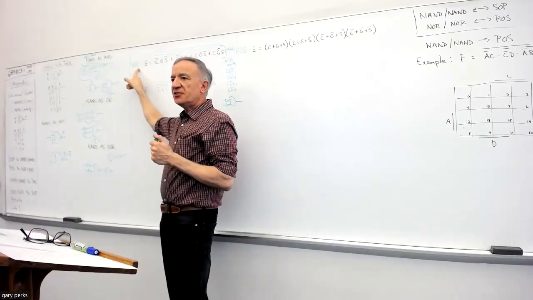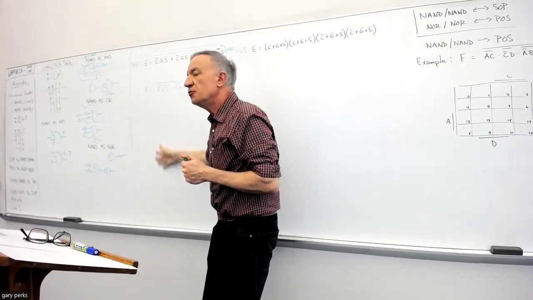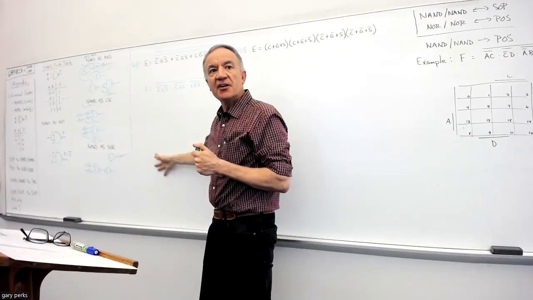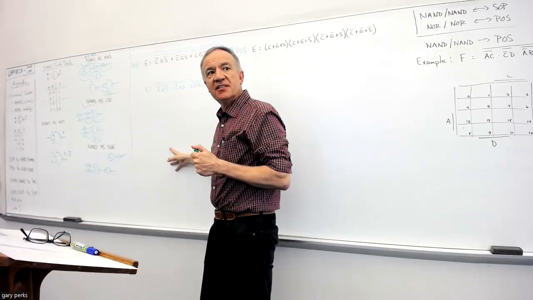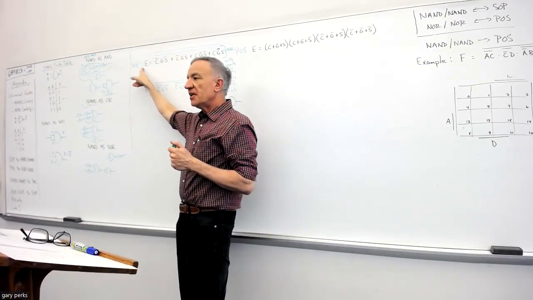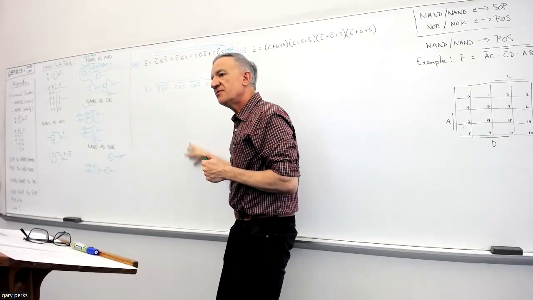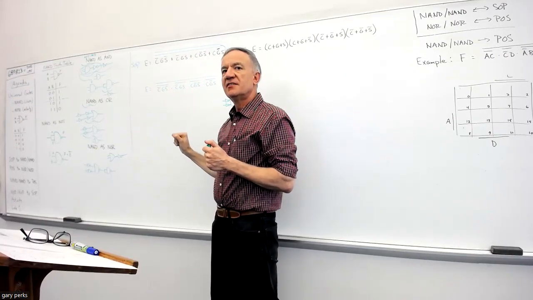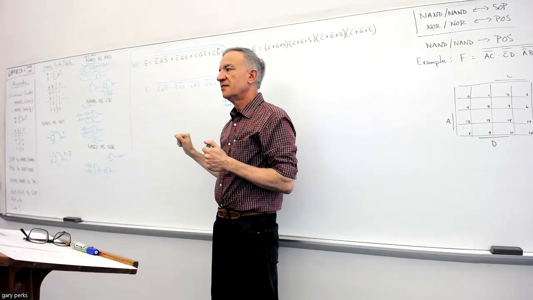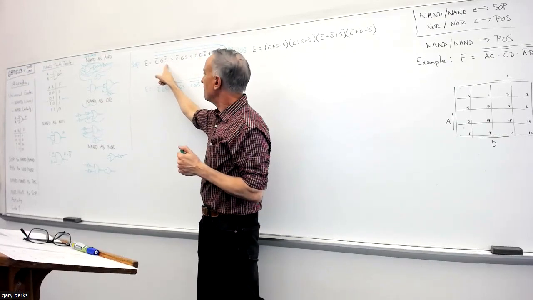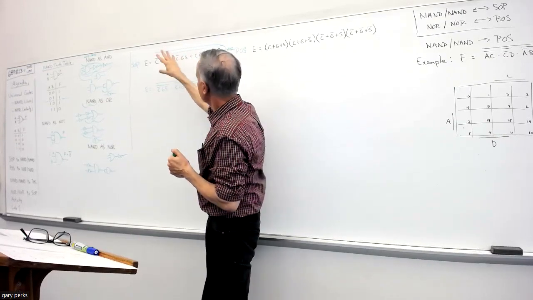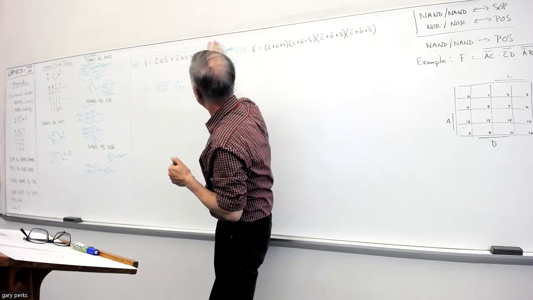Remember last week with SOP, we drew the logic diagram that showed the gates. Do you remember for an SOP what kind of gates we have? For SOP, we wouldn't have those top bars.